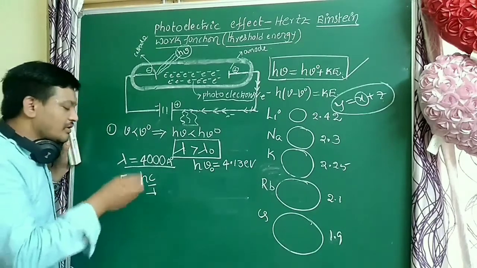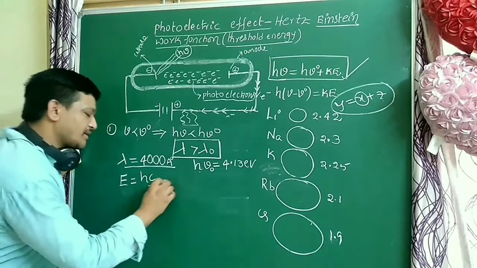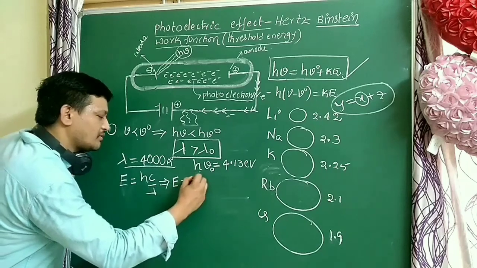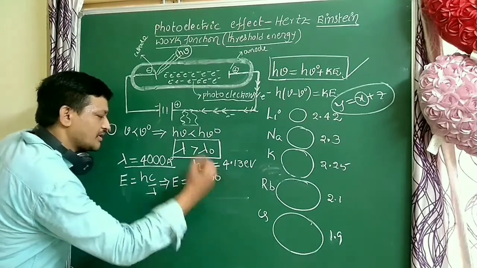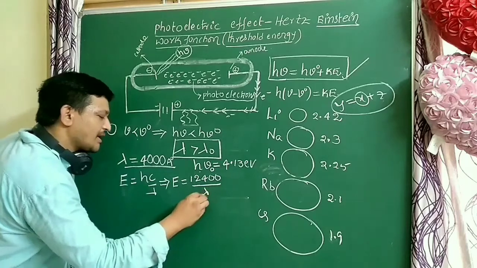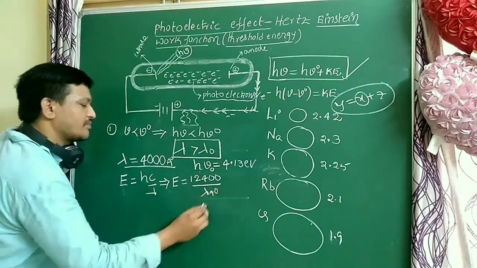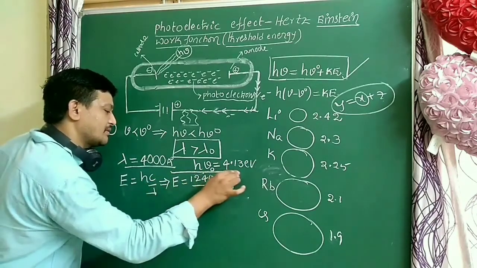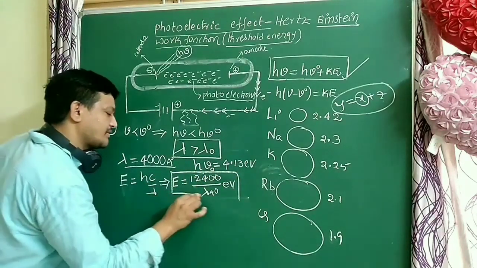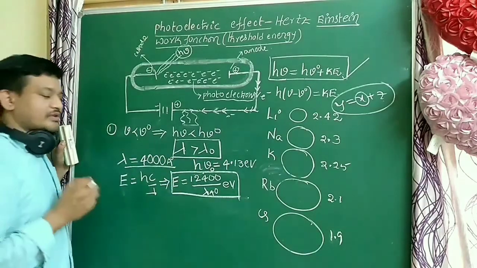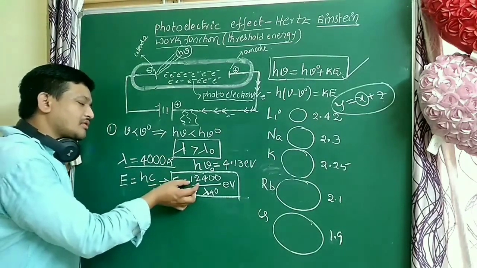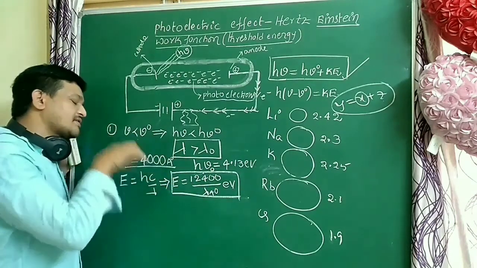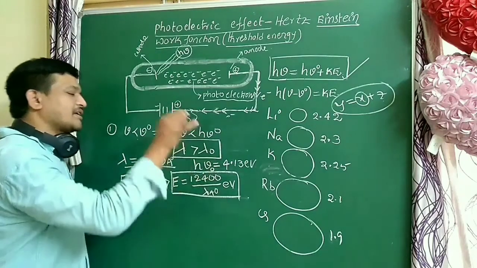A simple shortcut formula is E equal to 12,400 by lambda in angstroms, and the energy comes in electron volts. You have to take lambda in angstroms.